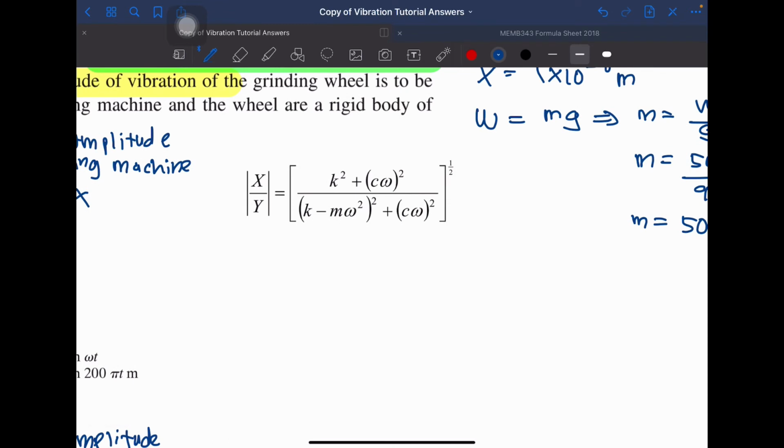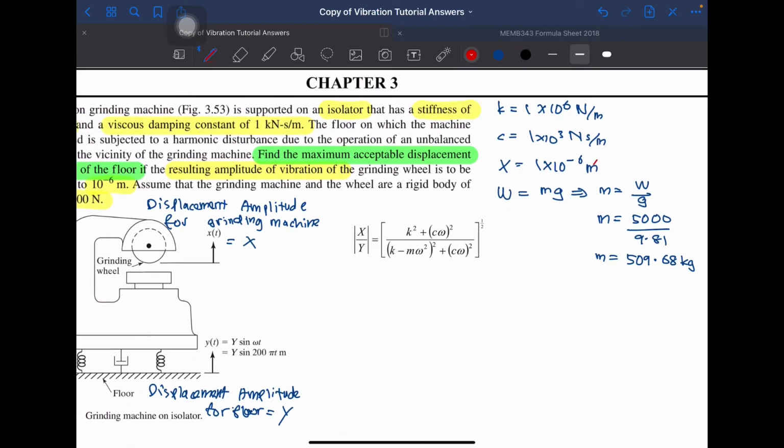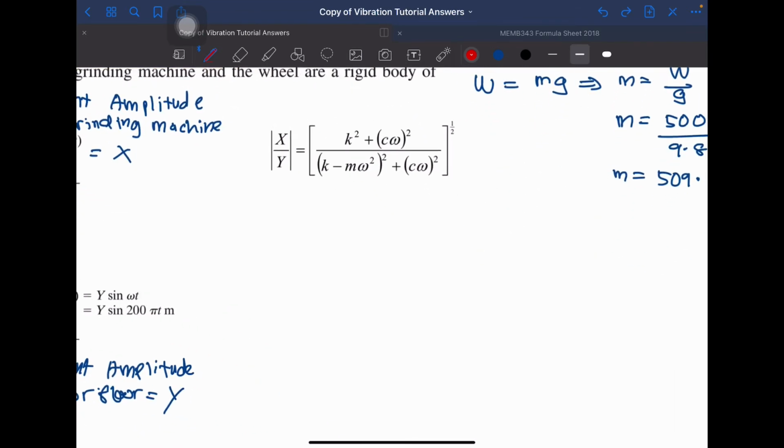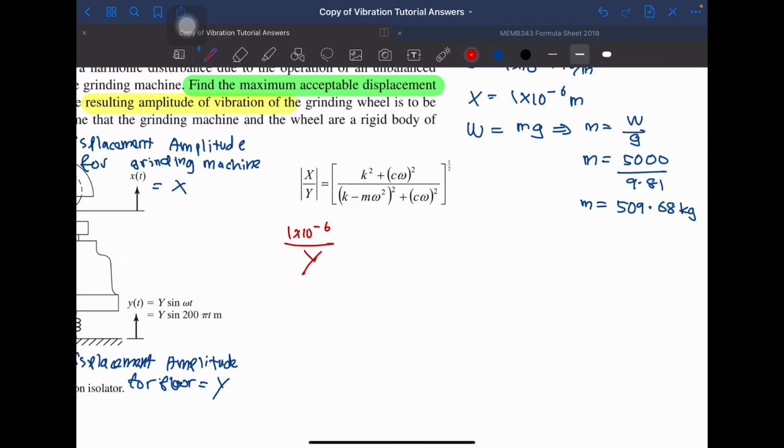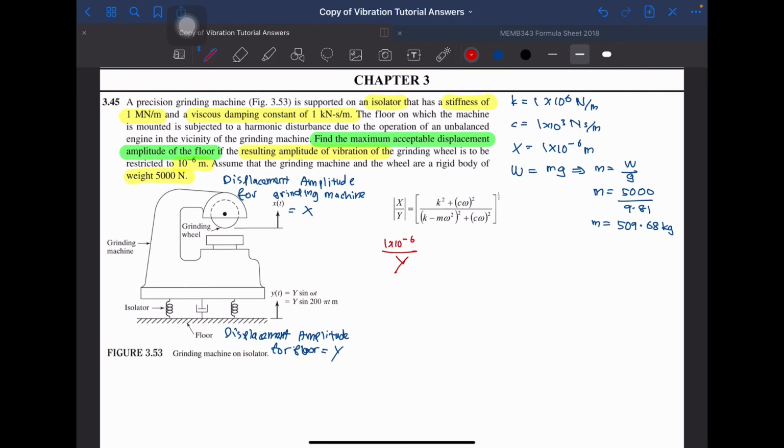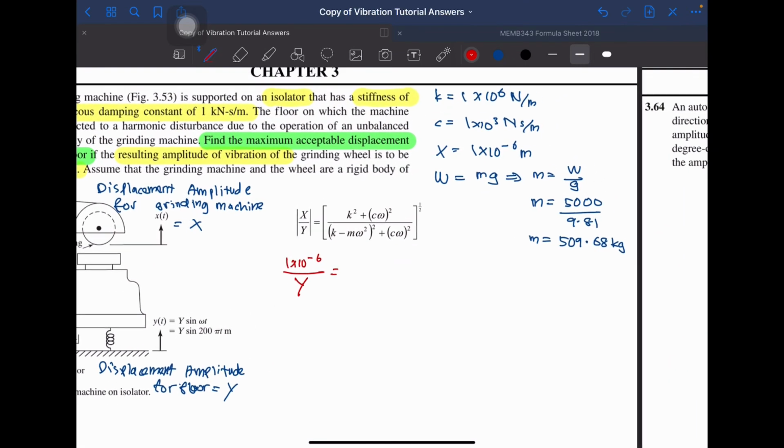Your x is 1 times 10 to the power negative 6. The y is what we want to find, the maximum acceptable displacement of the floor. The displacement amplitude for the floor is y, and for the grinding machine is x.